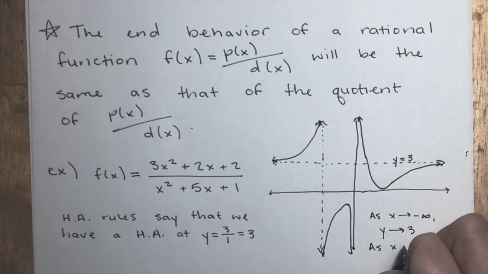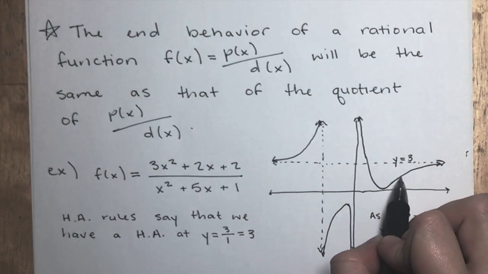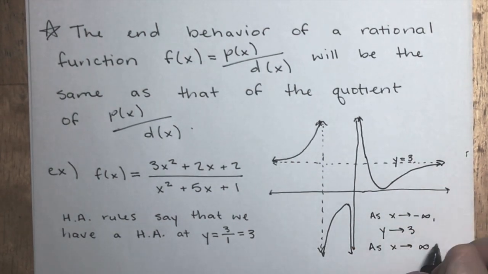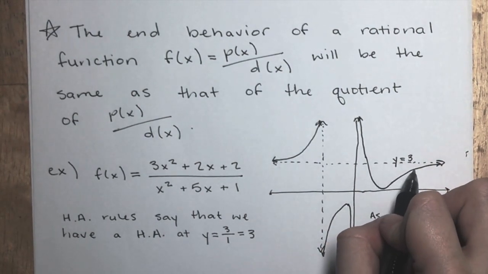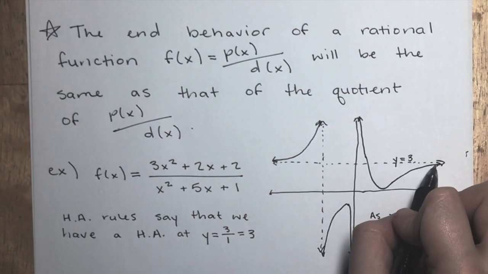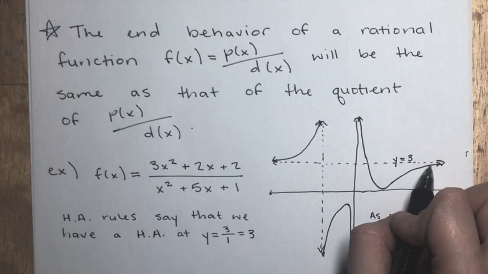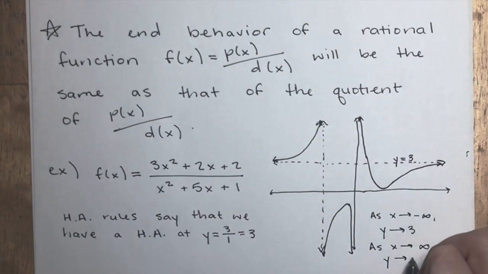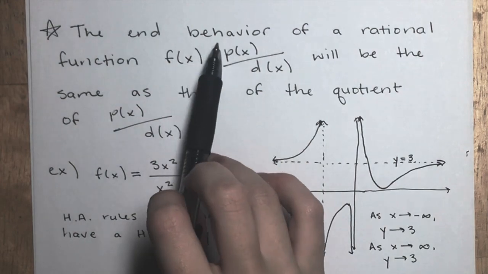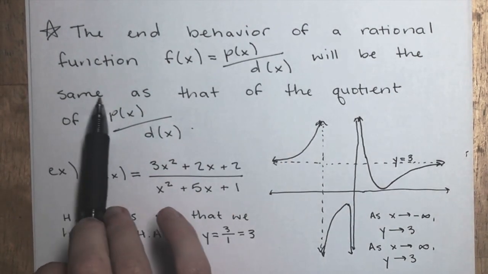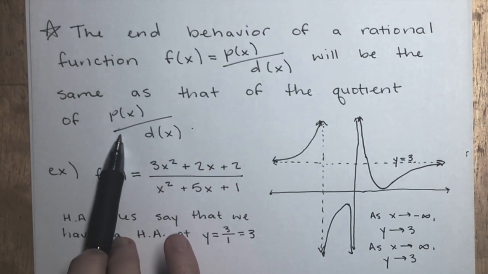And as x approaches positive infinity, as we move off the graph to the right, y, what's going on here? As we move to the right horizontally, vertically we're approaching 3 as well. So our fact is saying that that end behavior will be the same as that of the quotient of this division problem.